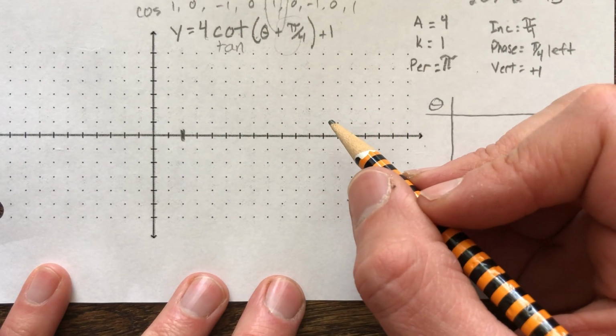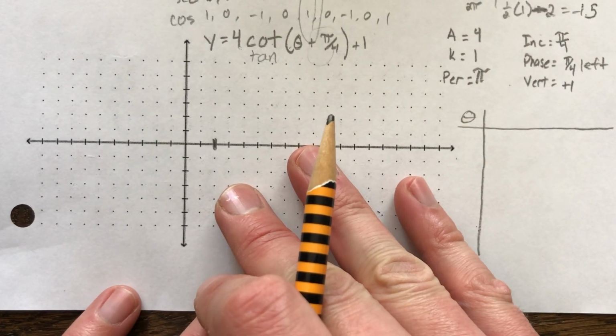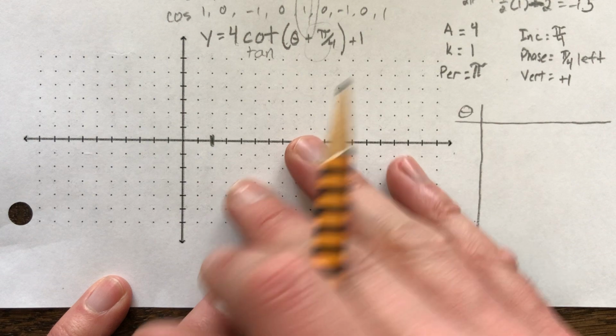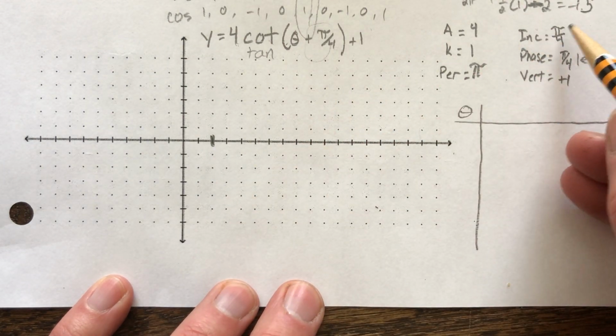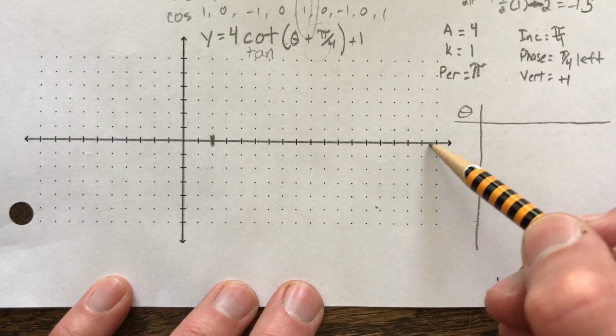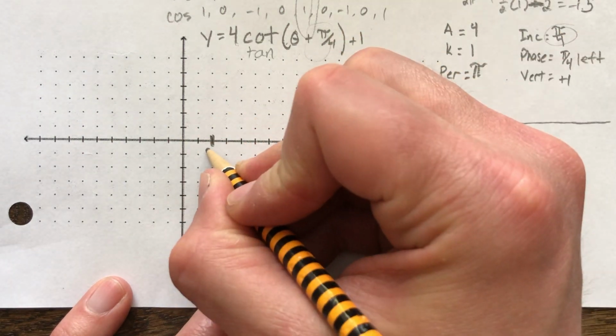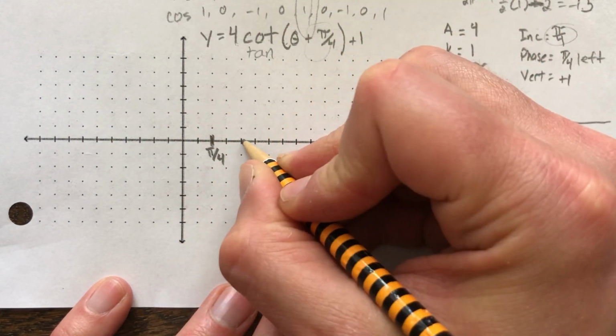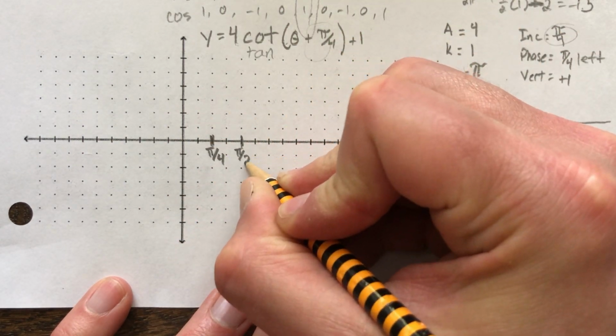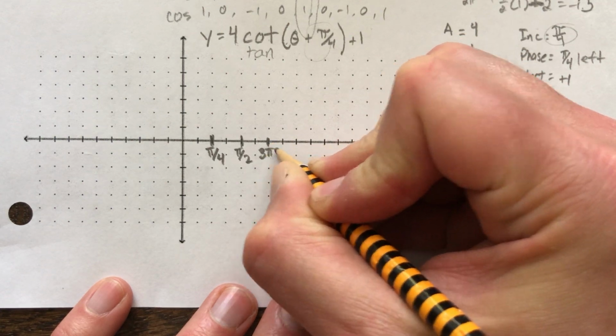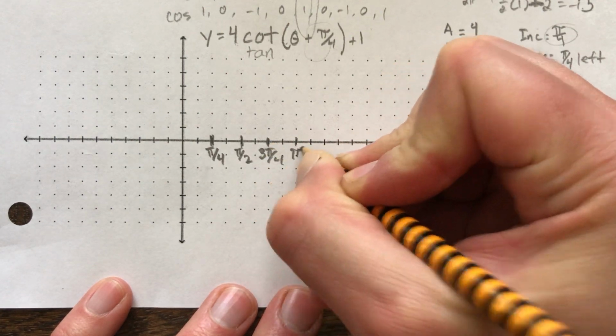All right, let's move this over a little bit. There we go. Okay, again, use your increments to label your x-axis, right? You've got a pi over 4. That's what you're counting by. So there's 1 pi over 4, 2 pi over 4, 3 pi over 4, 4 pi over 4.